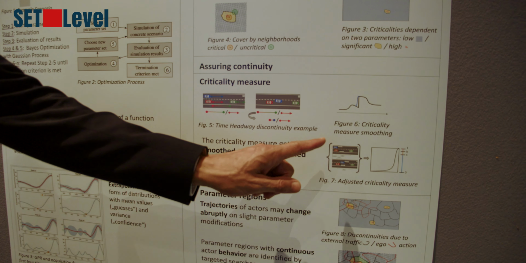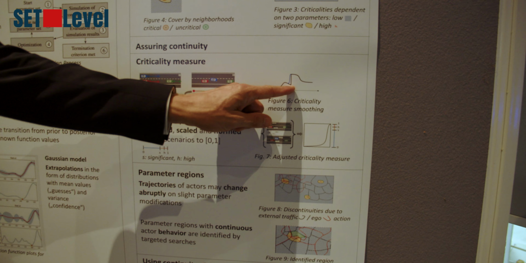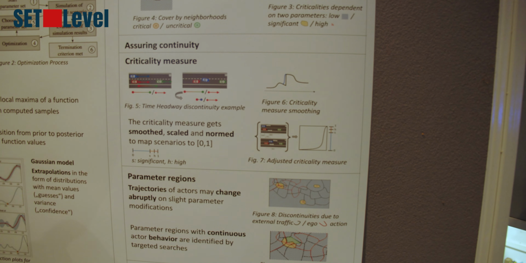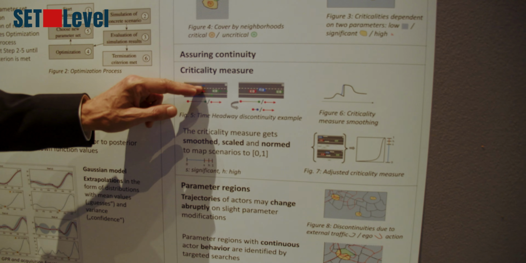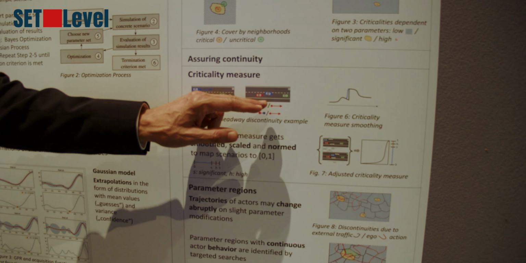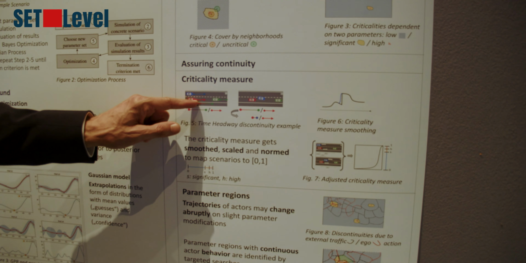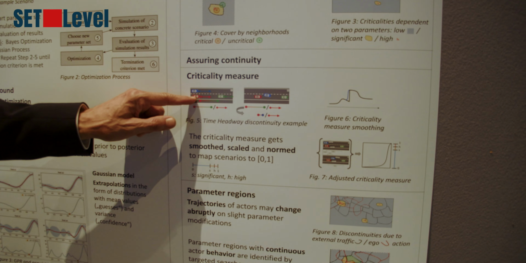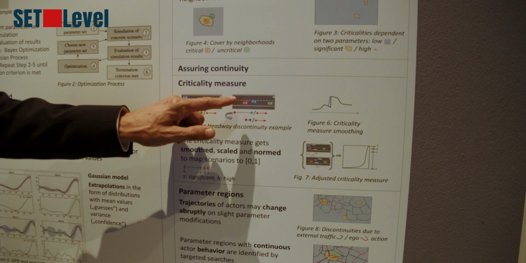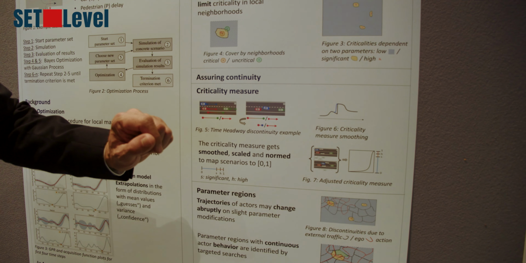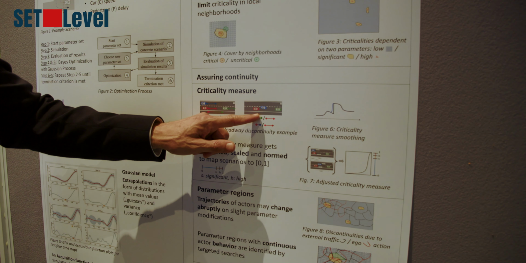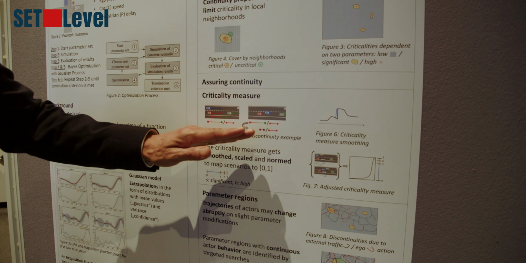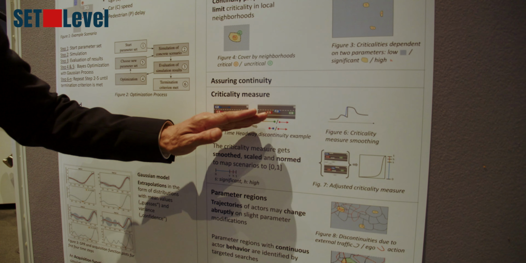In that, we don't want to have these jumps in criticality when, for instance, a car changes lanes, and we see here the time headway is long between the red vehicle and the green one, and once the blue one enters here, it jumps from uncritical to highly critical. That is a behavior we don't want of our criticality indicator.